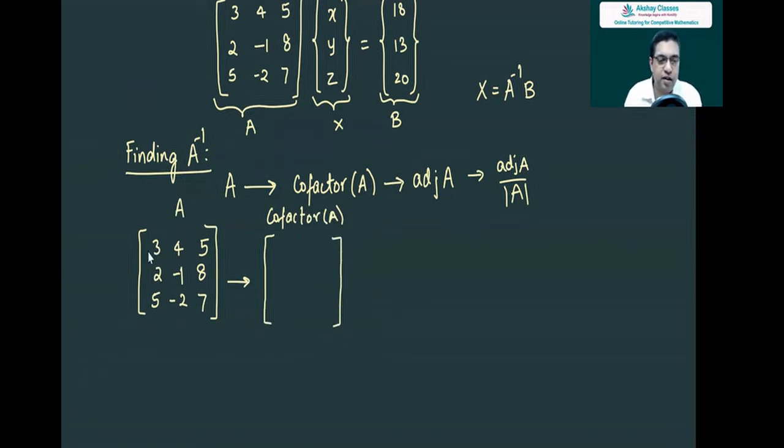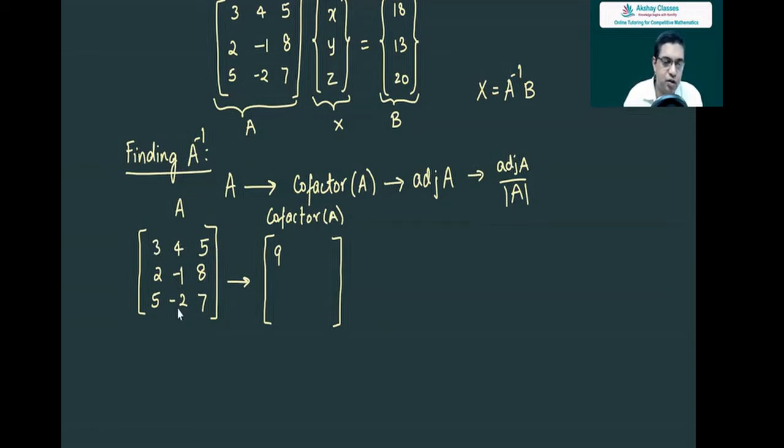So what is the cofactor of the first element, 3? 9. Yes, it is minus 7 minus of minus 16. So minus 7 plus 16 is 9. Correct. Cofactor of the second element? Minus 26. Very good.